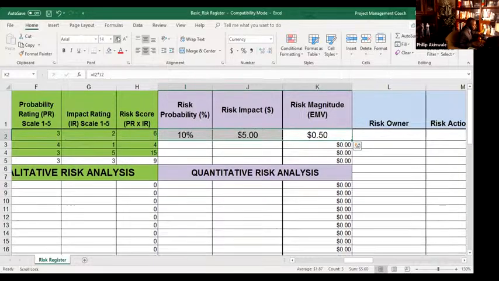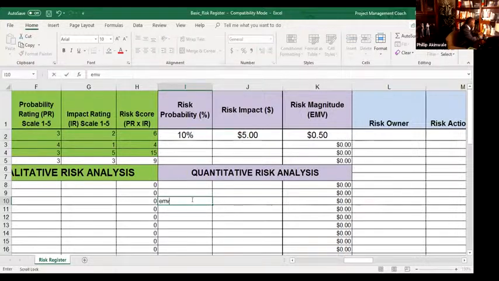The risk magnitude, EMV, expected monetary value, is another term you might have heard, is going to be probability times impact. So you probably remember that formula. EMV is equal to P times I, probability times impact.